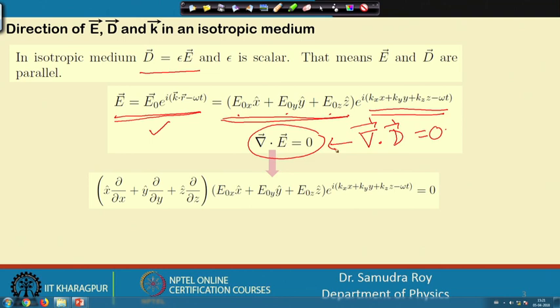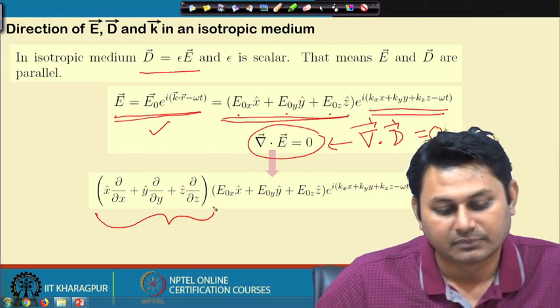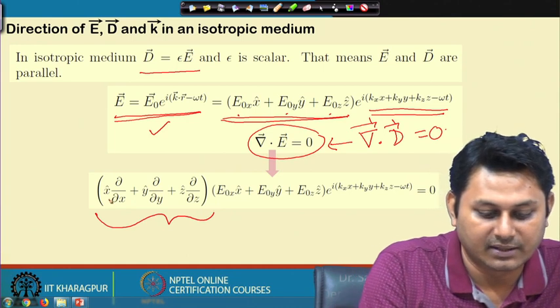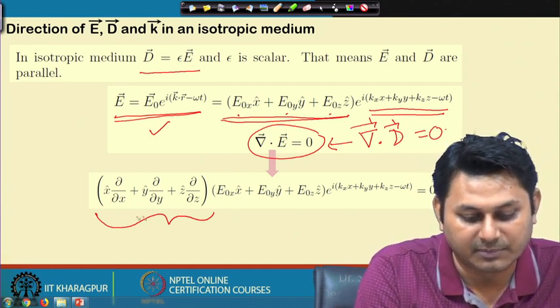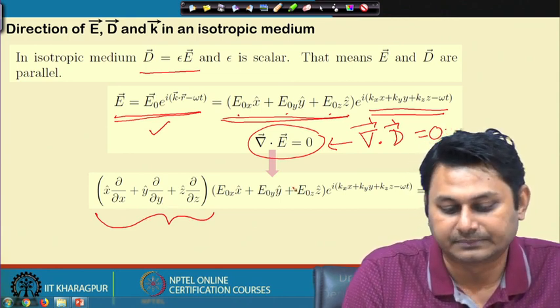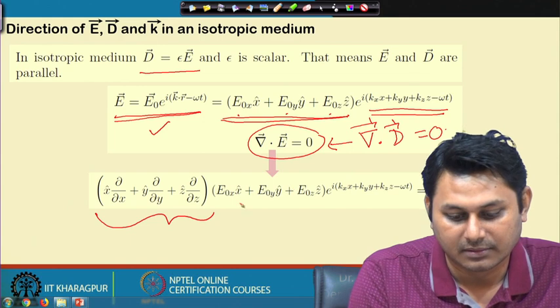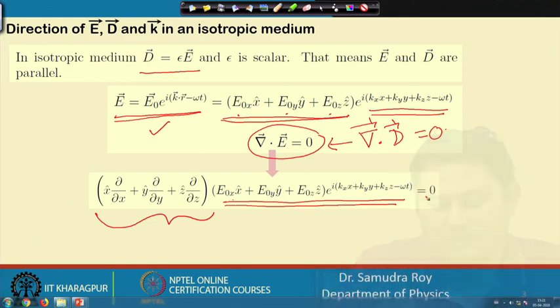Now, if grad dot E is 0, then I can expand this grad operator in this way. We know that this is the unit vector x, this is the vector operator. So, the operator is in this particular form. It is going to operate over this entire E, which is equal to 0.